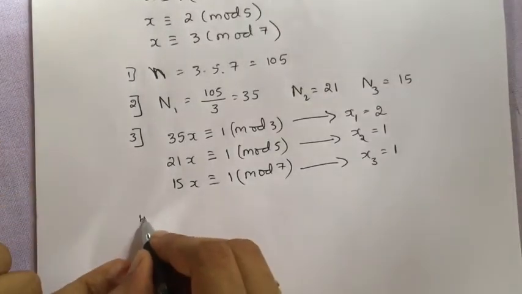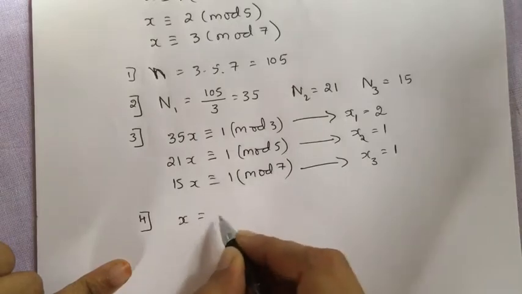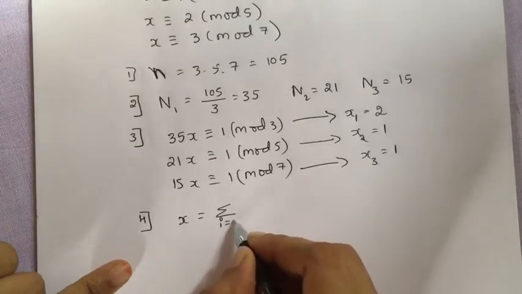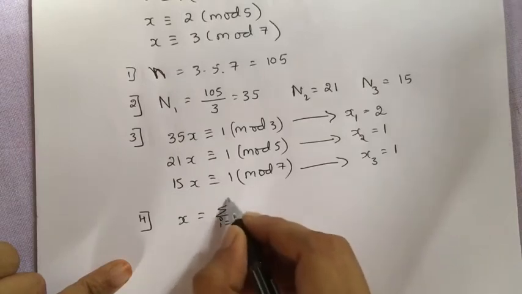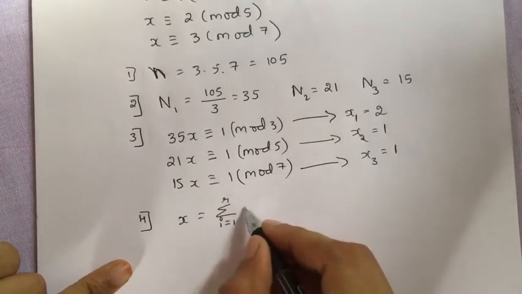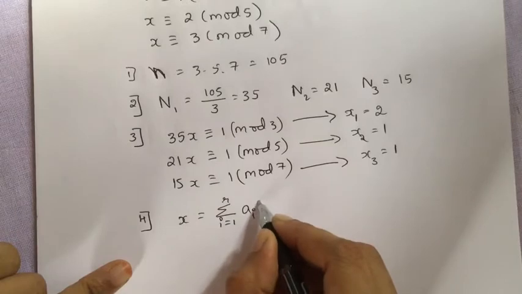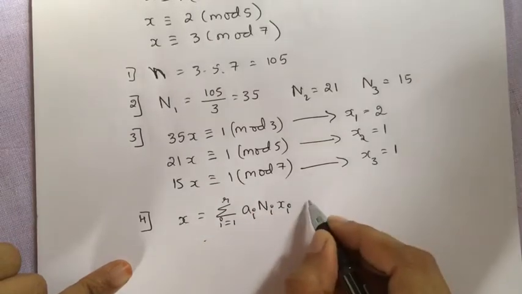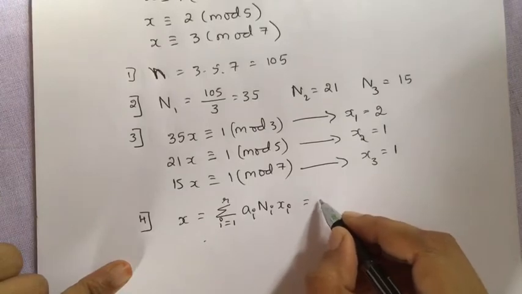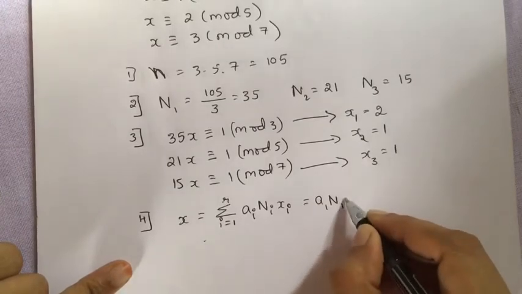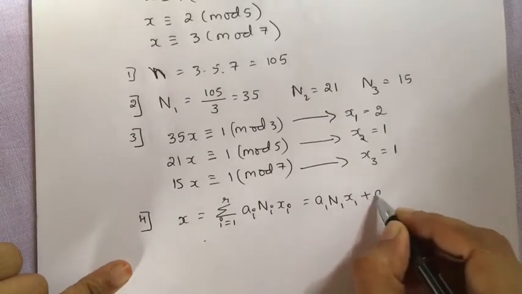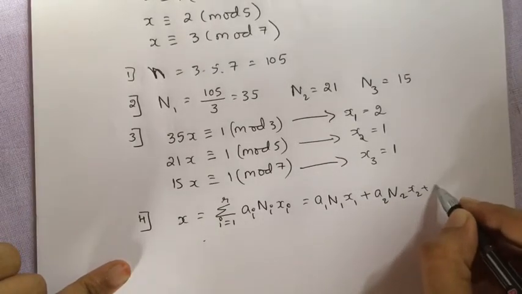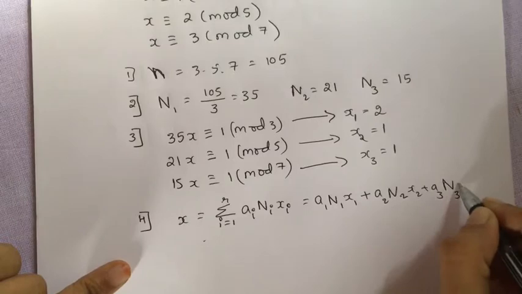Now calculate the x value, which is nothing but the summation i equal to 1 to r of ai ni xi. In this case it is a1 n1 x1 plus a2 n2 x2 plus a3 n3 x3.